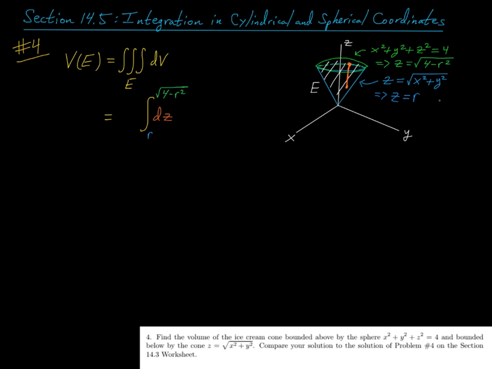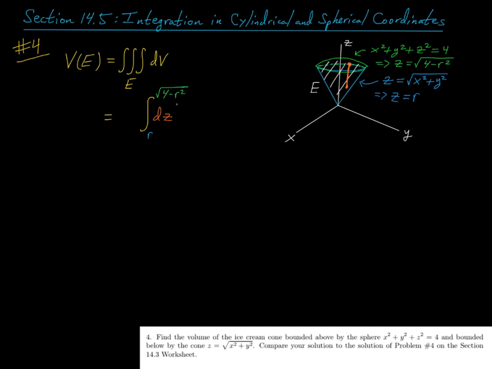And as we just noted, x squared plus y squared in cylindrical coordinates is r squared, so for the sphere height, we have z is the positive root of 4 minus r squared. So for a fixed x and y, z will vary from the height on the cone, which is just r, to the height on the sphere, which is the root of 4 minus r squared.